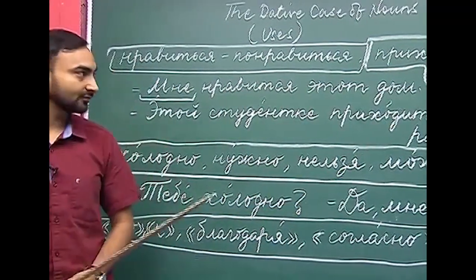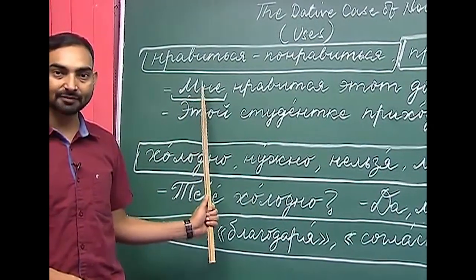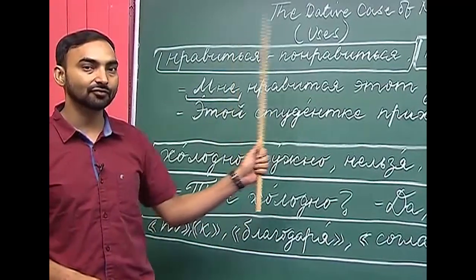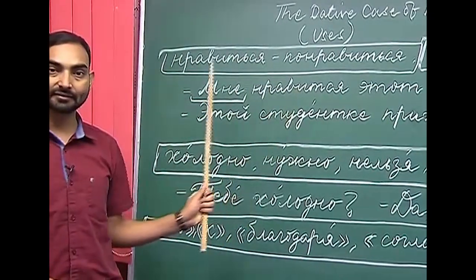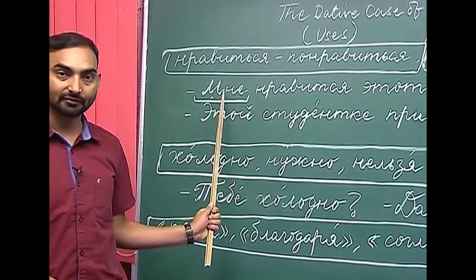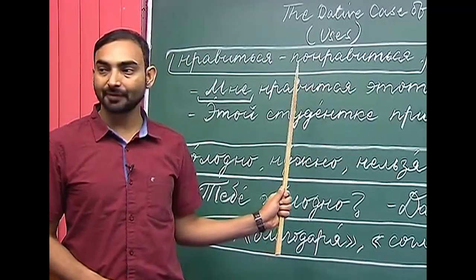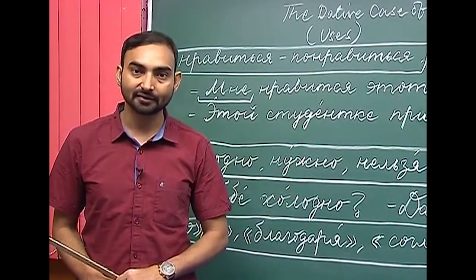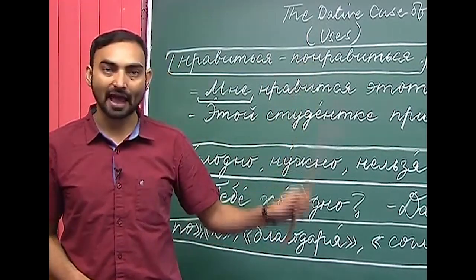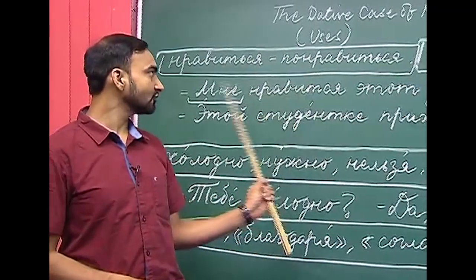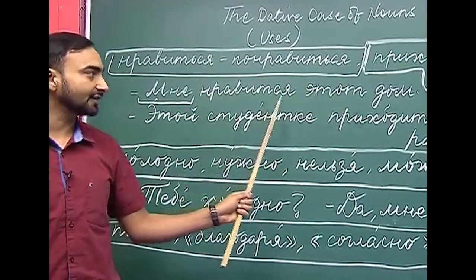As you can see, ya has been changed into mnye, which is the dative case form of the personal pronoun ya, but the subject is ya only. So, when we denote the logical subject, which means the ideal subject which is performing the action, it has to be in the form of dative case, like we have done with nravitsa.